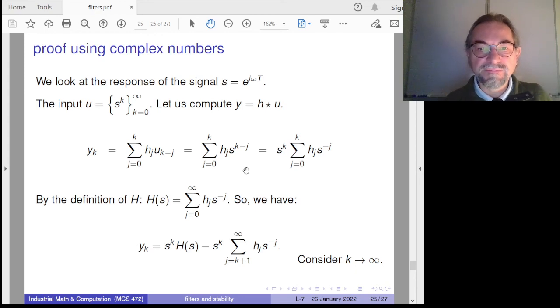Okay, so let's rephrase this a little bit. We want to get the transfer function in there, so we want to get H evaluated at this s. And you see we're almost there, because remember the definition of the transfer function again.